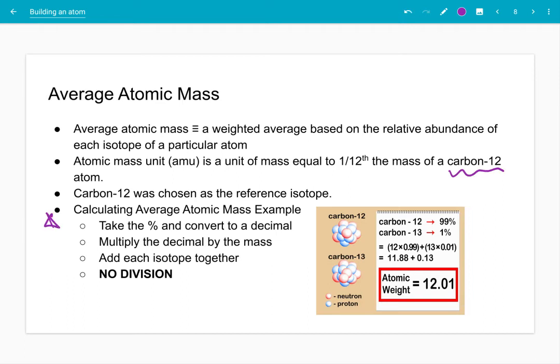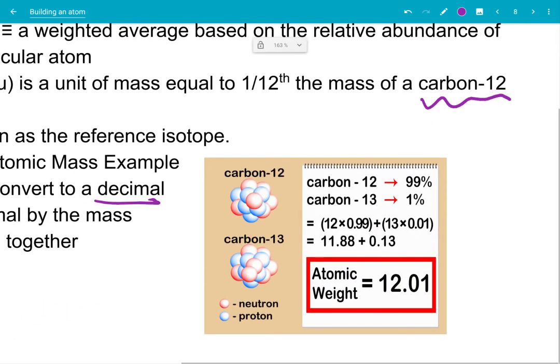Now, you do need to be able to do this. This was something we're going to do with the Beanium lab, and it's called finding the average atomic mass. So you're going to take your percent and convert to a decimal by dividing by 100. Then you'll multiply that decimal by the mass and then add each isotope together. There's absolutely no division. So I have this example here.